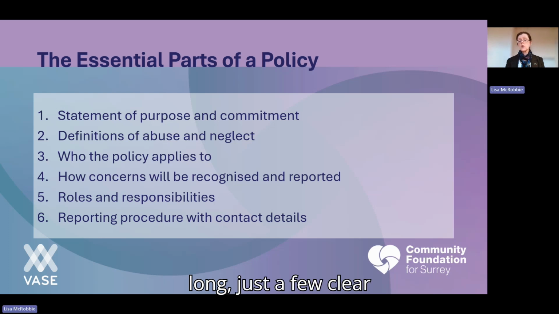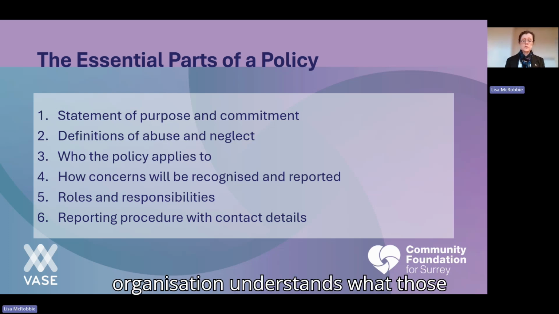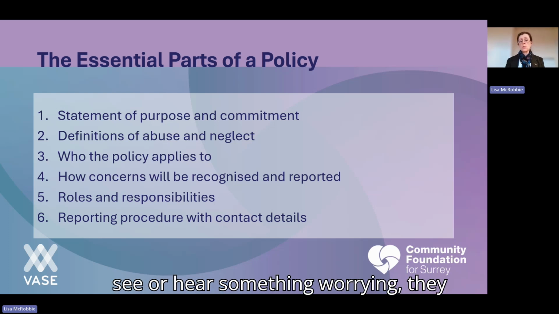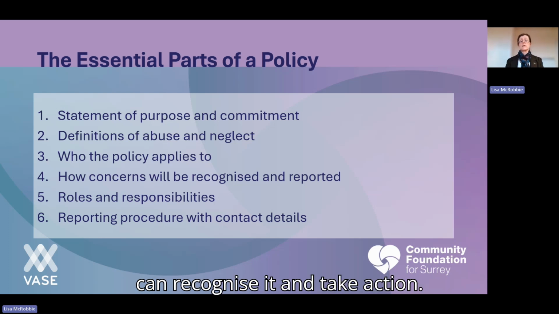This doesn't need to be long, just a few clear sentences explaining the different types of abuse. The key thing is that everyone in your organisation understands what those terms mean, so that if they see or hear something worrying, they can recognise it and take action.